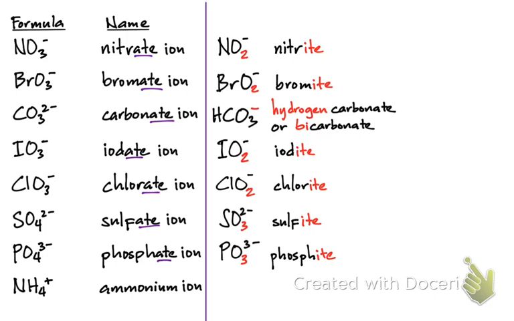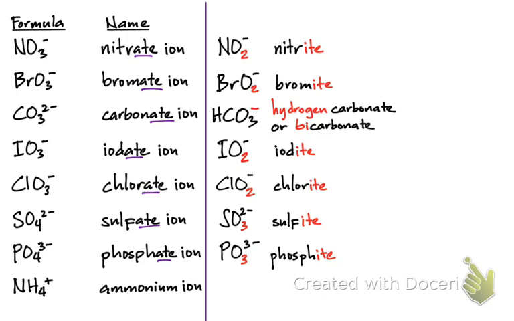Now these polyatomic ions can have one less oxygen further, or you can have one extra oxygen from the main polyatomic ions listed on the left. So let's look at an example here. For instance, the chlorate ion.